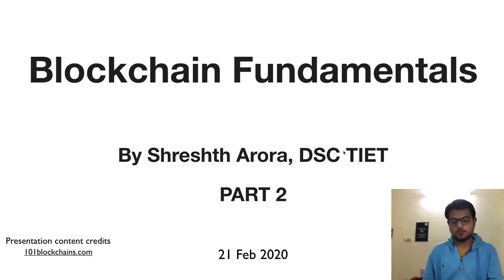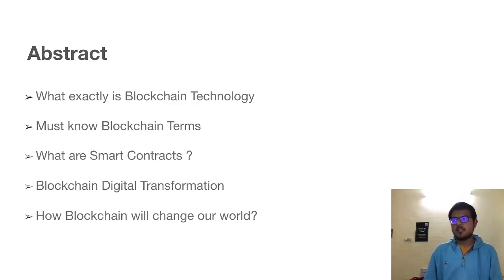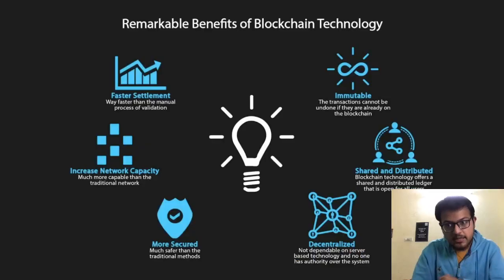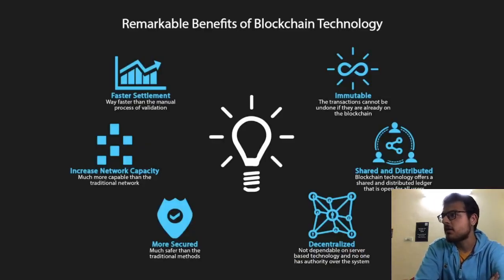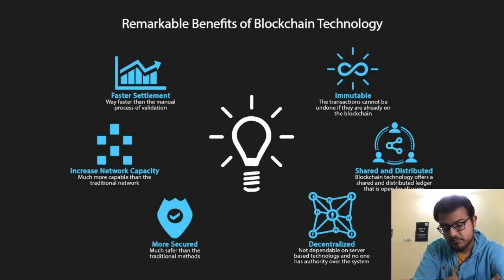So, part two. The abstract is basically what blockchain technology is, blockchain terms, smart contracts as we covered earlier, how blockchain is changing the digital arena, and how it will change your lives. Now, the benefits of blockchain technology: faster settlement than the manual process of validation, at very big scales, and an increase in network capacity.